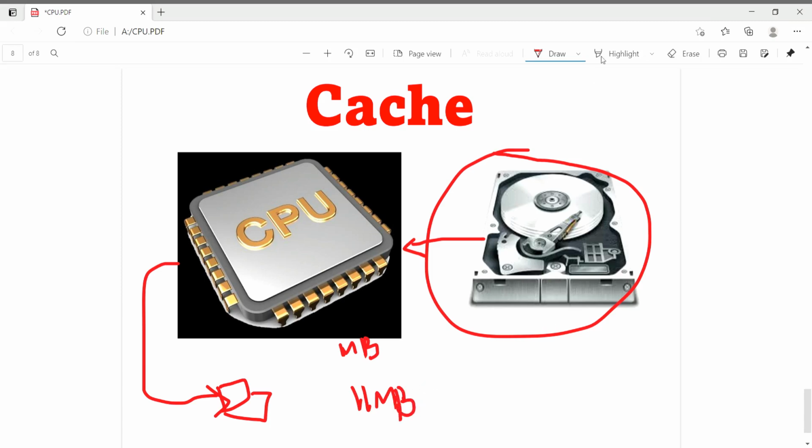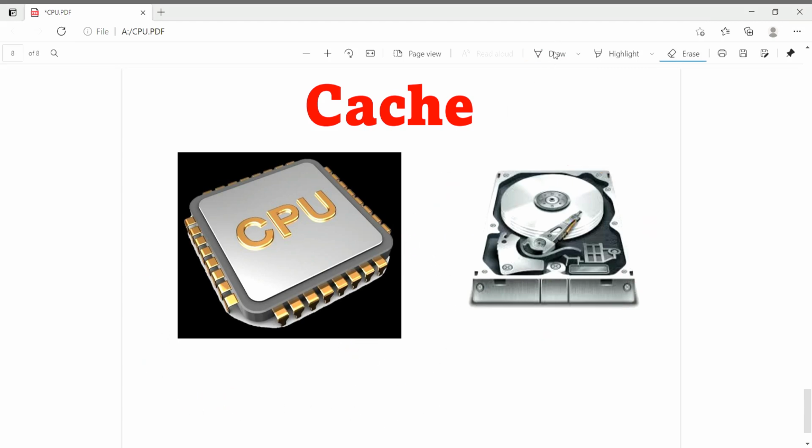The bigger the cache of your processor, the more storage it has, so that it can process the data very fast and your browser can open quickly. In this way the stored data in your processor lets the CPU process faster and give you output. If you need more things to process, then it takes the data from your hard disk and gives you the output by processing.